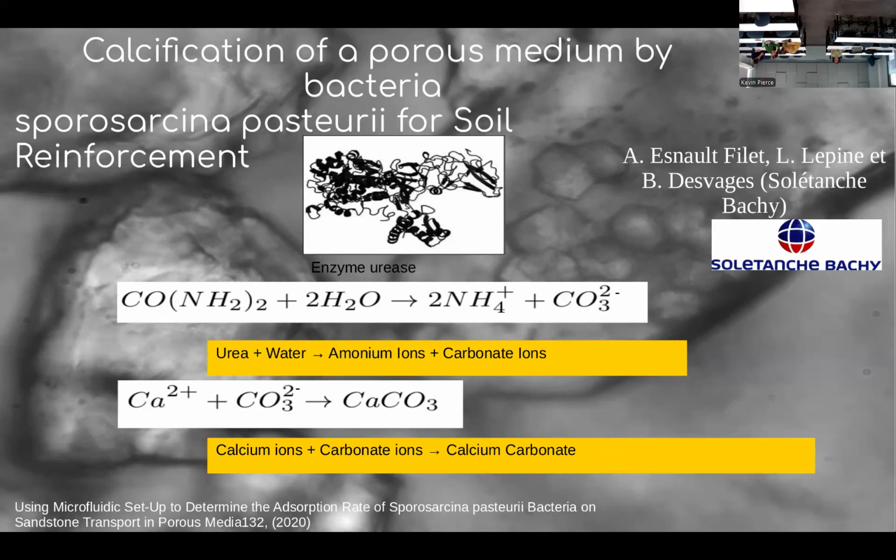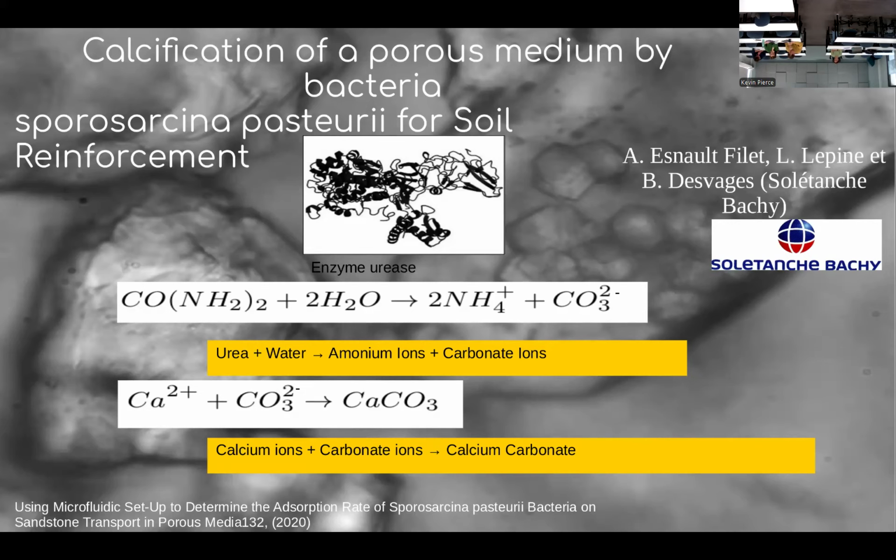The idea of the process is to combine these carbonate ions with some calcium ions to create calcium carbonate. And the idea is to use these crystals to bond grains between them.